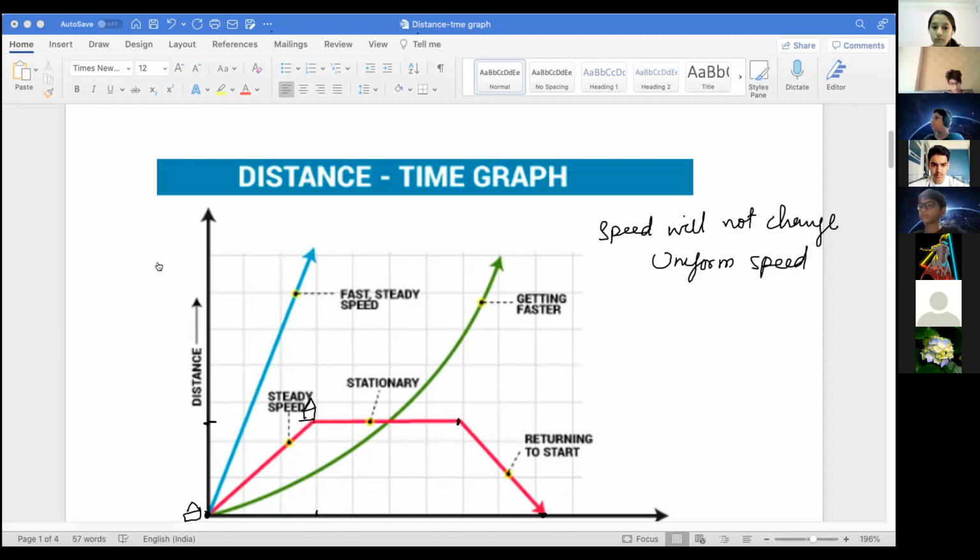If the question comes, what is the meaning of a straight line on a distance time graph? So what will you say? Ma'am, the meaning of a straight line on a distance time graph is that the speed is constant. No, the object is not moving, it is stationary. Whenever horizontal is not mentioned, you will take it as an inclined straight line. Okay, so just a minute, I'll give you this question only.